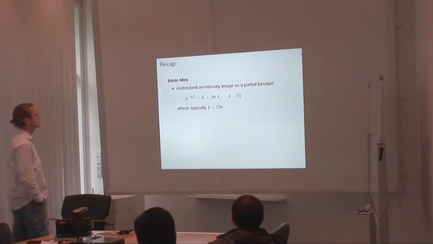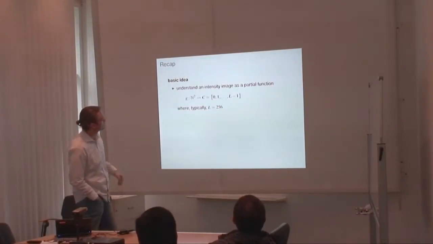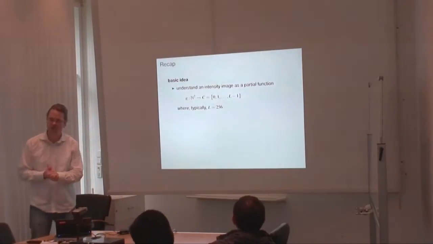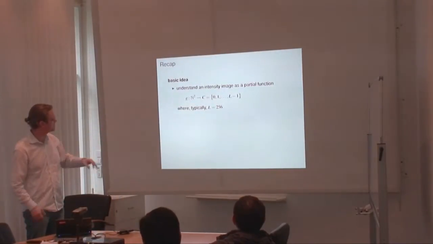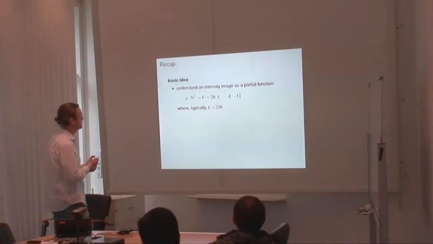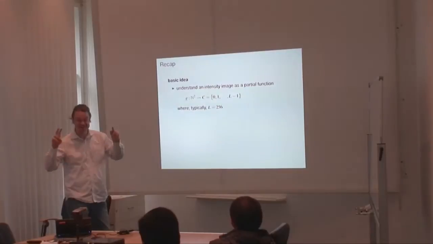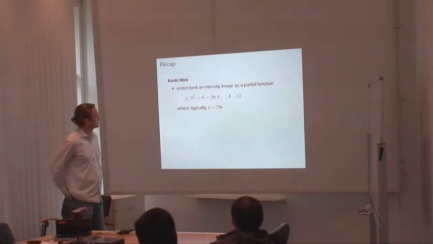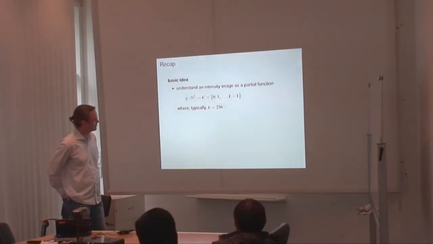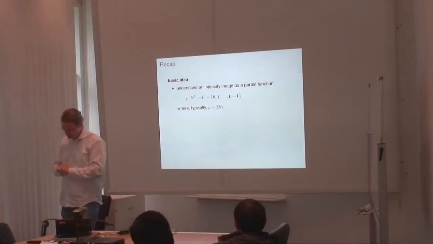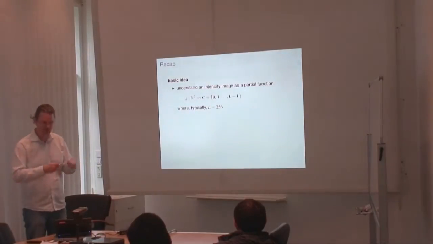The basic idea was once again, and note that I'm abstracting the notation. What I used last time reappears here, but it's slightly more abstract. The basic idea was, of course, as always, to consider digital intensity images as partial functions, which is to say they are defined over discrete pixel coordinates.